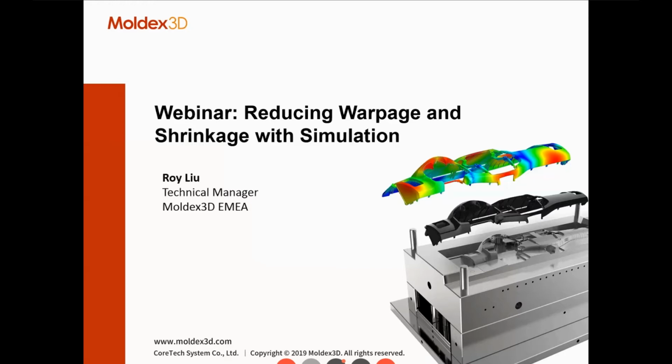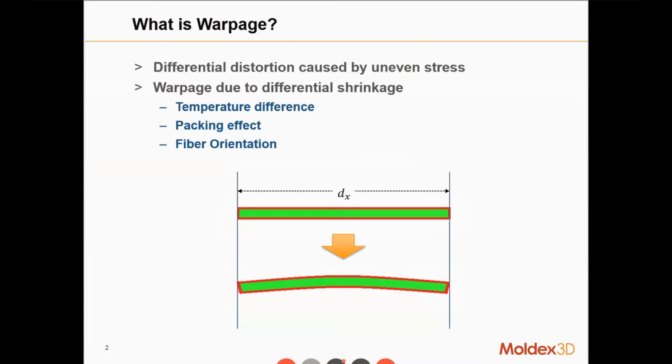Today's webinar topic is reducing warpage and shrinkage with simulations. When it comes to warpage and shrinkage, we have to consider what the main cause is. So let's first introduce what warpage is.